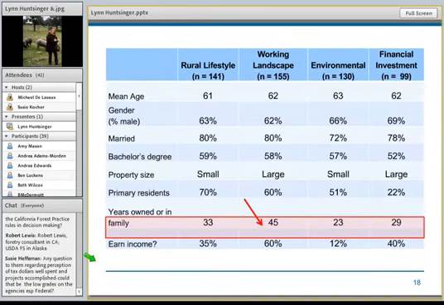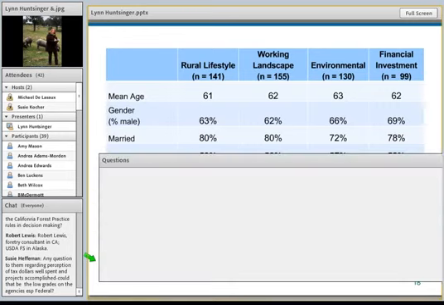There's no official categorization. The mean property size is small in one group and large in another. I think you could say that the smaller property size would be up to 100 acres, and large would be a few hundred acres in terms of the mean. I'd have to look at the paper to really give you the exact number for that.